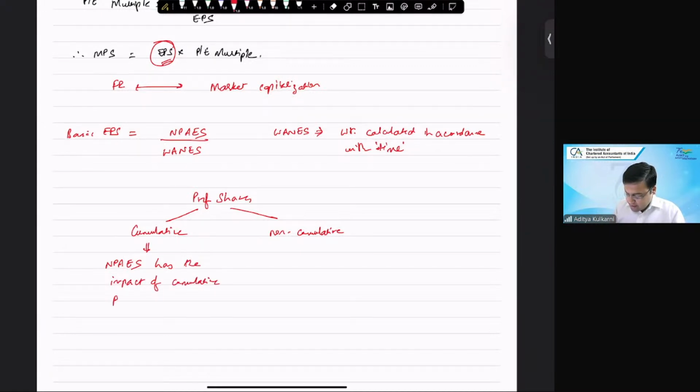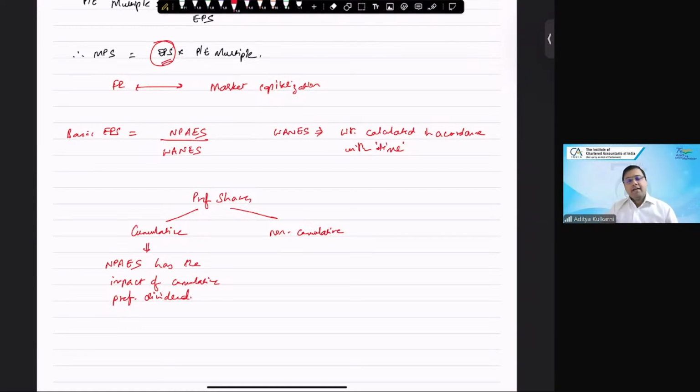When I talk about net profit attributable to equity shares, it will always, year on year, have the impact of this accrual of cumulative preference shares. So suppose for 2 years, I did not pay the preference dividend, but I pay it in the third year for all the 3 years put together.